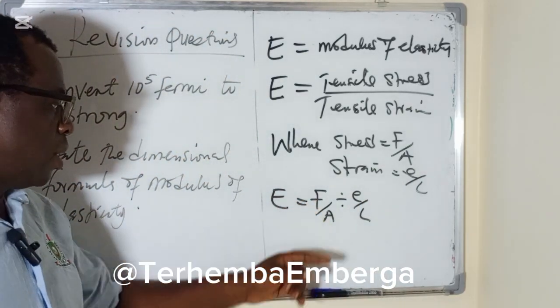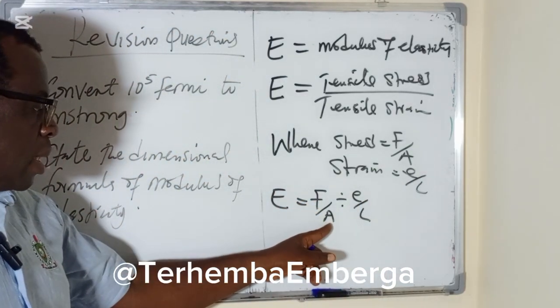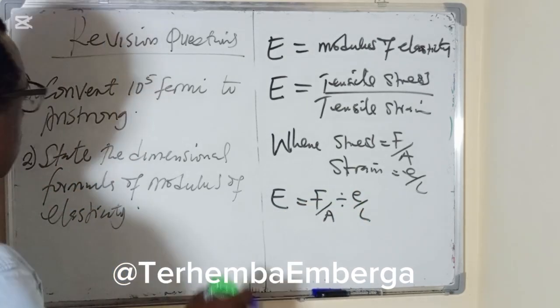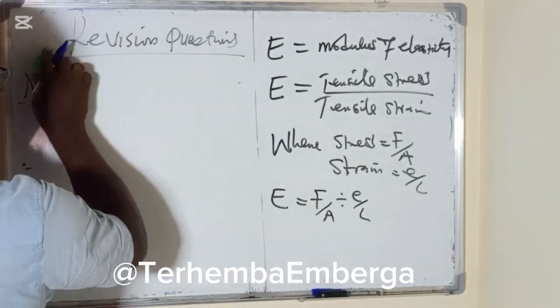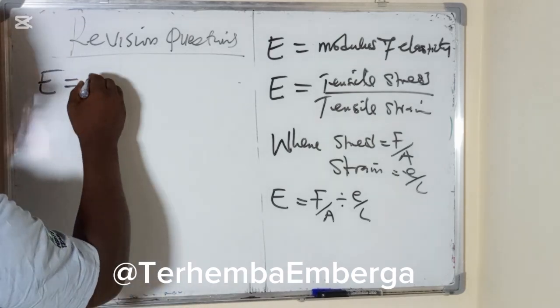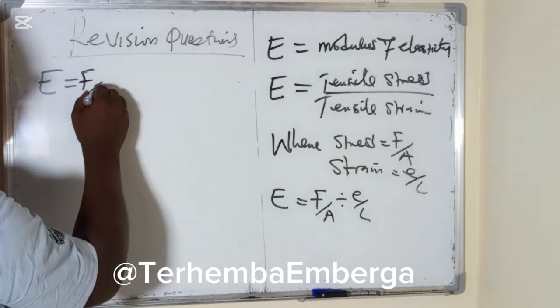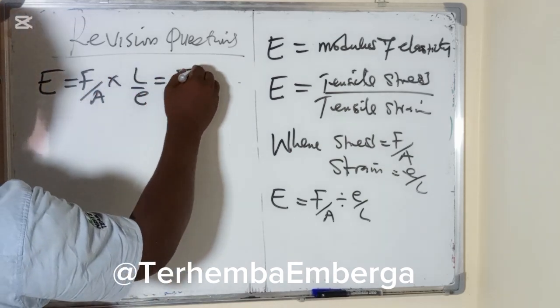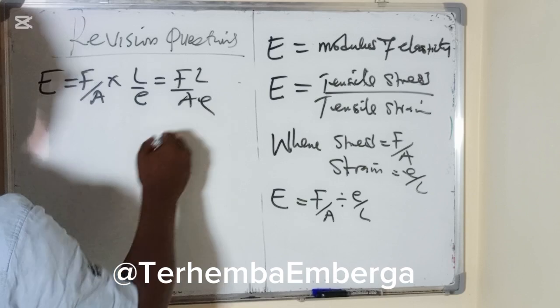This is the force in Newton, area in meters square, extension in meter, length in meter. So we can further say that E can be given as F all over A times L all over E, which we can write as FL all over AE.